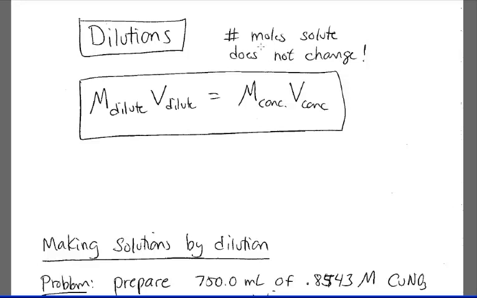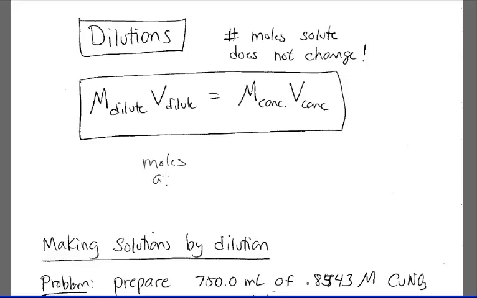So for dilutions, we make a dilution calculation saying that the number of moles of solute do not change when you dilute it. So the molarity of the dilute solution times the volume of the dilute solution will be the same as the molarity of the concentrated solution times the volume of the concentrated solution. And the reason for that is that molarity times volume is moles.